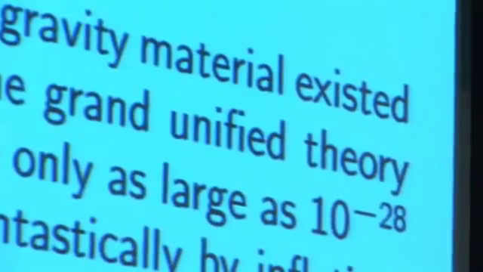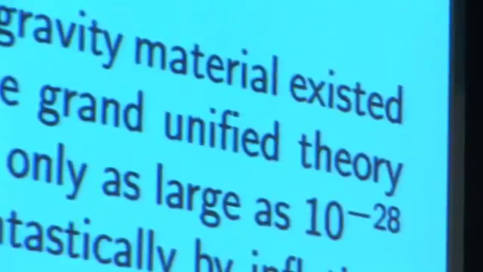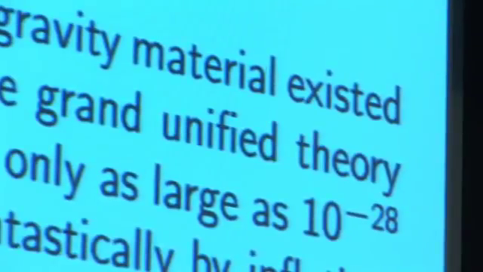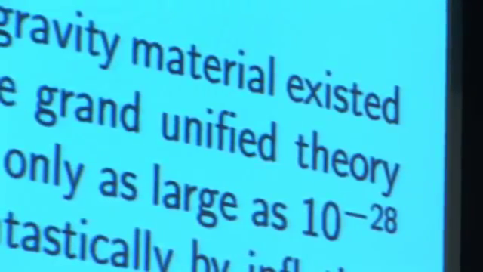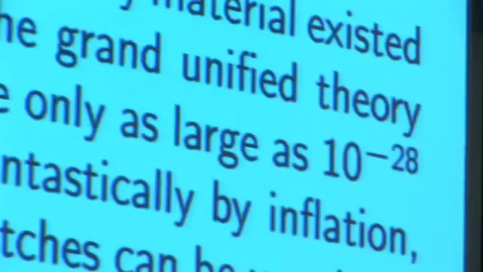And just to give you some sample numbers, I will use grand unified theories for my sample numbers. So if inflation happened at the scale of grand unified theories, this initial patch can be unbelievably small. It could be only about 10 to the minus 28 centimeters across. And that's enough to produce our universe from it. And it can be in the midst of a bigger space. It does not have to fill the space.